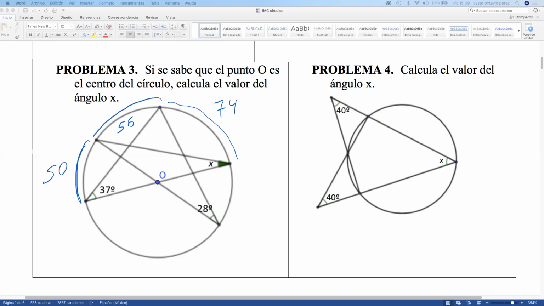Y vamos a tener aquí 25. Ok. That's right. Sí, fue esa tu respuesta, ¿verdad? Ok. Muy bien. El problema 4.